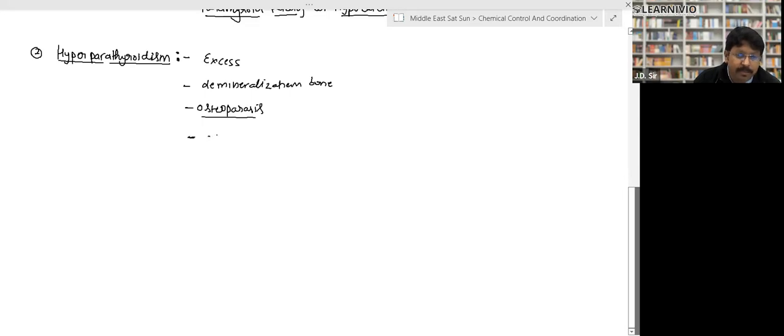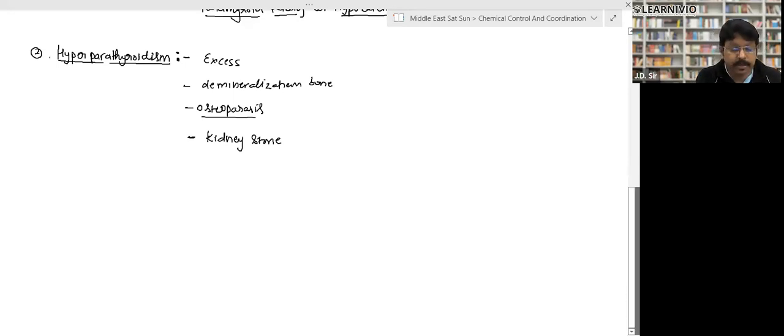Excess of parathyroid hormone causes calcium deposition in the kidney and leads to kidney stone, right?